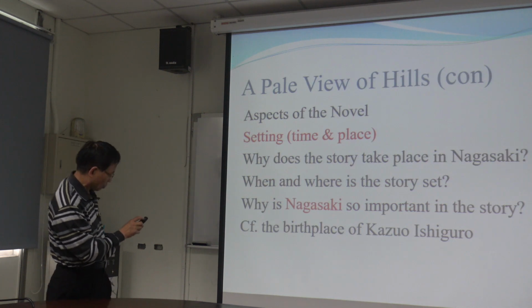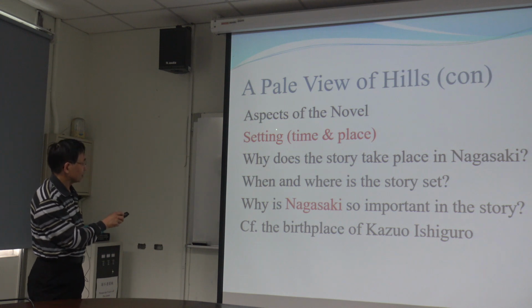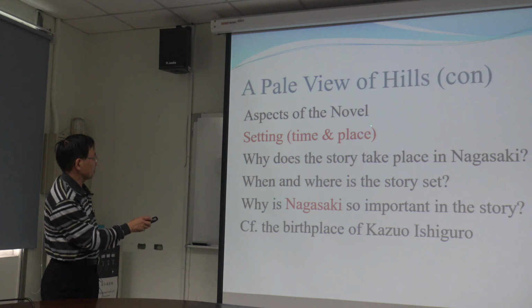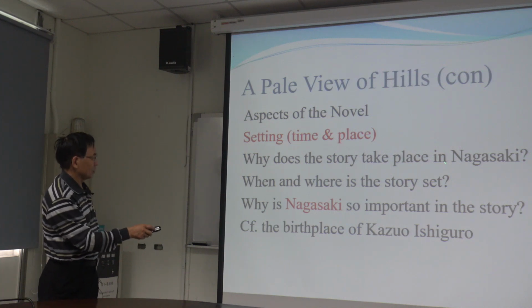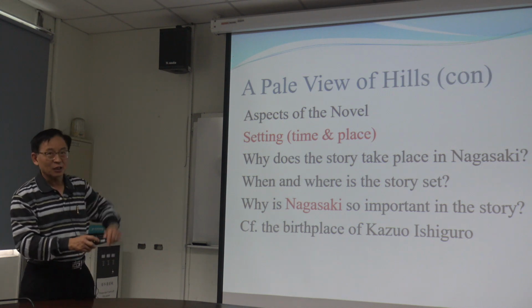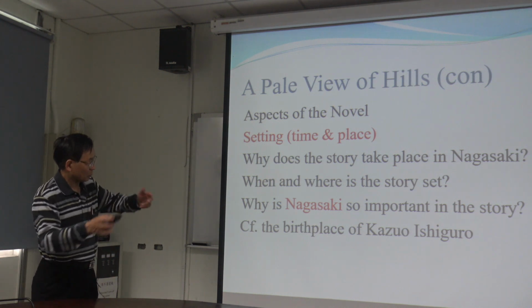Okay? Another important aspect of the novel is called setting. Setting, easy to define, is the time and the place. Where does the story take place? In Japan, it's in Nagasaki city. In England, it's in London. So it's a tale of two cities, a story between two cities.